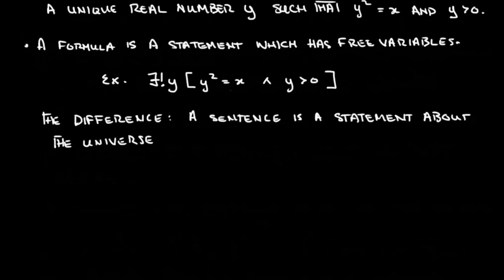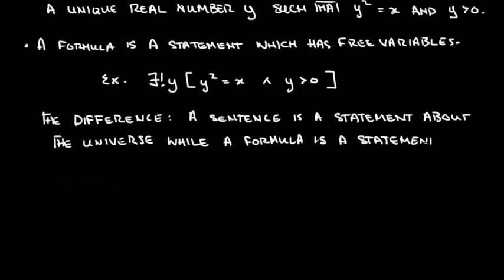On the other hand, for the formula, we're saying that for x there exists a unique y such that y squared is equal to x and y is greater than 0. So a sentence is a statement about the universe, while a formula is a statement about its free variables.